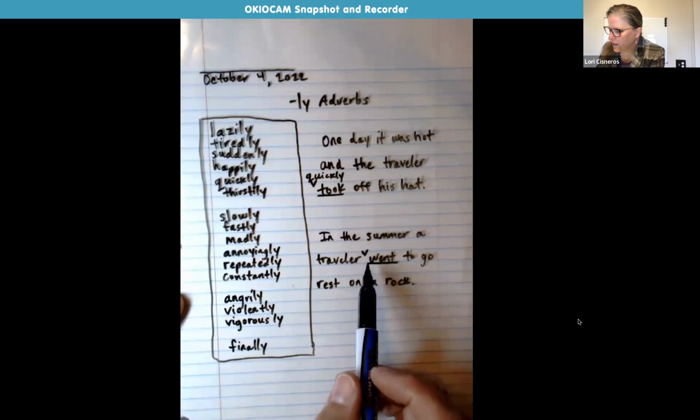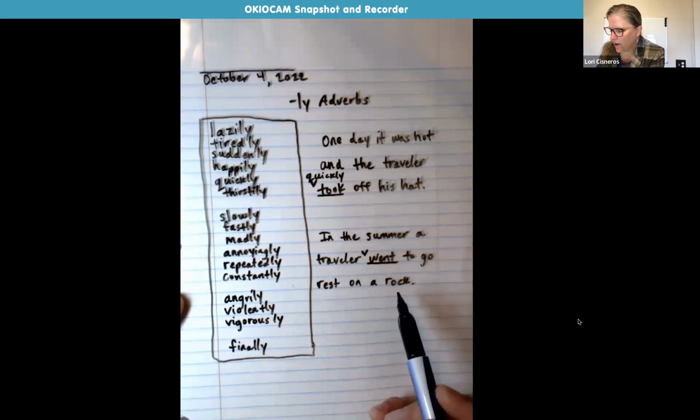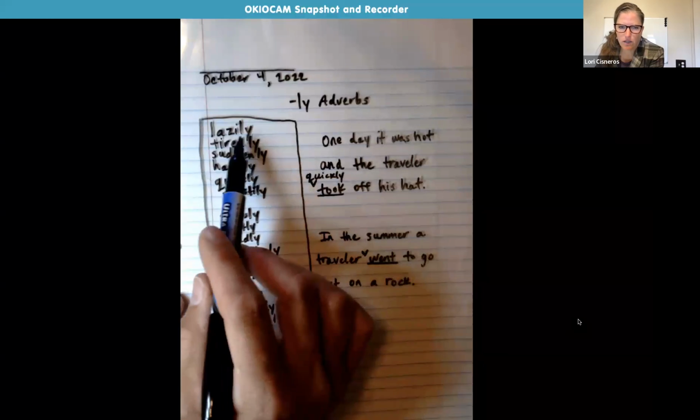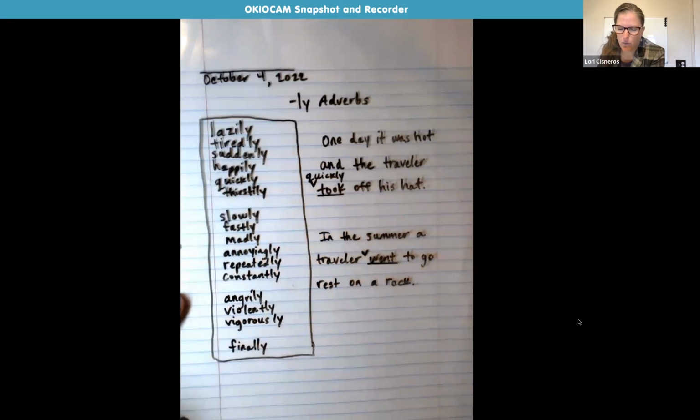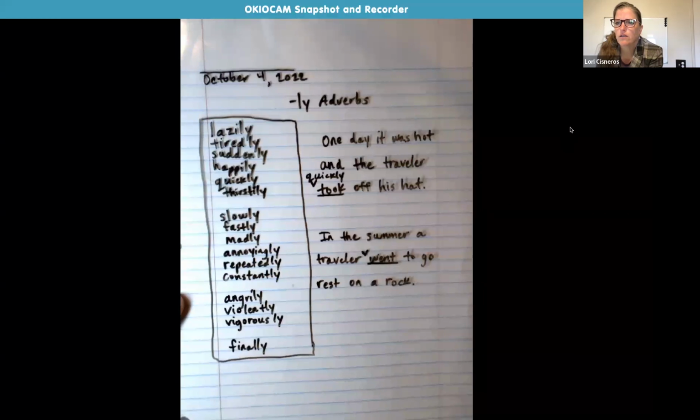So what could we put here? In the summer, a traveler went to go rest on a rock. What did he do? Somethingly went. What's one of these words from our list? Do you have any ideas from that list? He somethingly went to go rest on a rock.